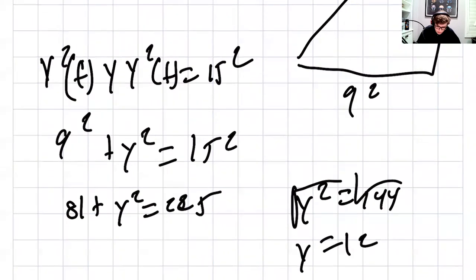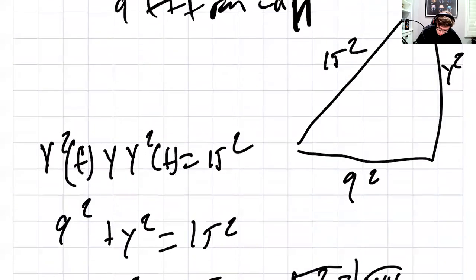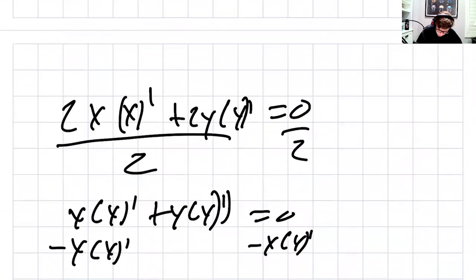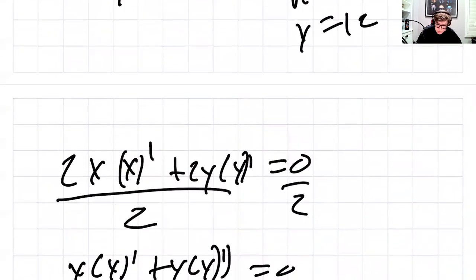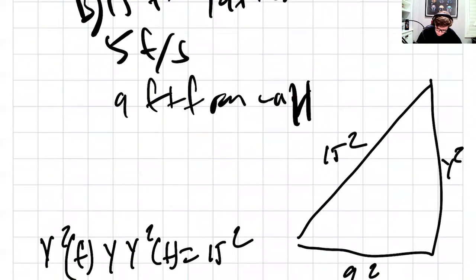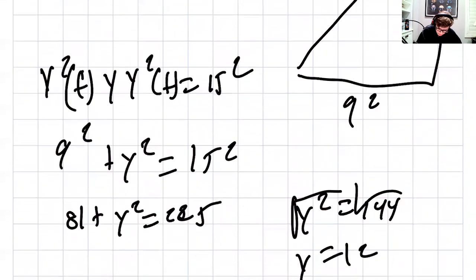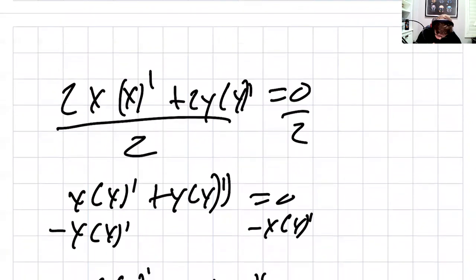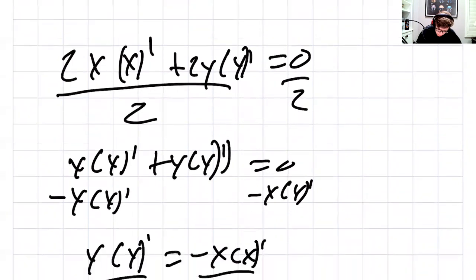So what you first have here is to solve for y squared, which is what this is missing over here. You end up getting y squared is equal to 144, or y is equal to 12. Then you bring it down to this equation here, and to calculate the rate of the top of the ladder when it's falling, you can use 2x x prime plus 2y y prime equal to 0.